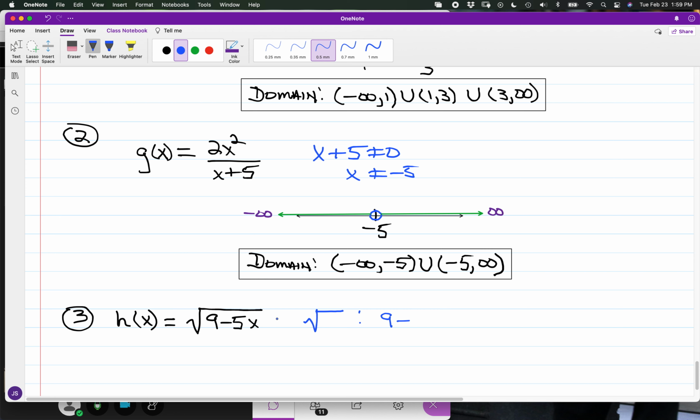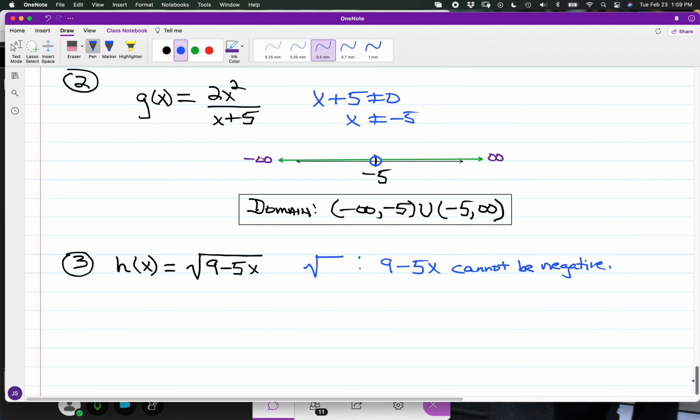If I had the reciprocal of this statement, you would have that second restriction of not being 0, but here we just have that 9 minus 5x cannot be negative. So it can be 0 or positive. So you have 9 minus 5x is greater than or equal to 0.